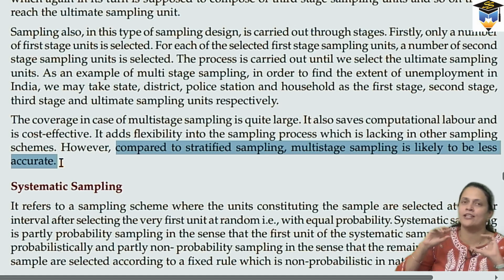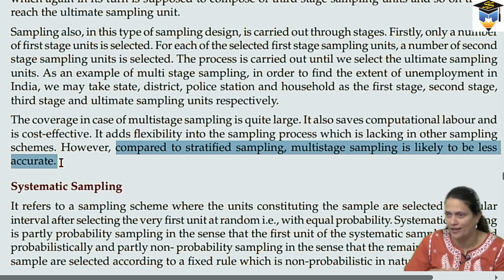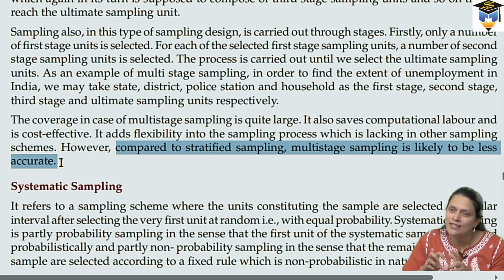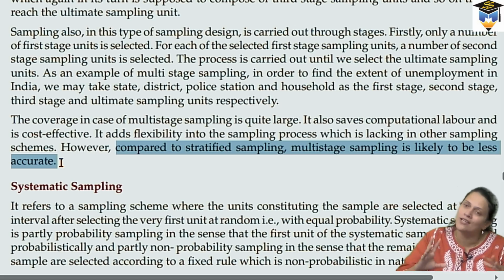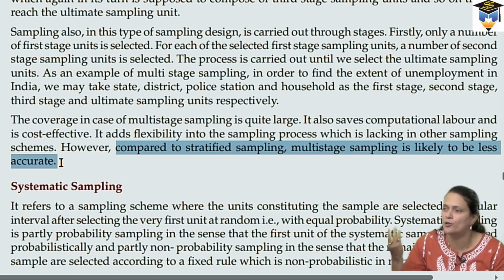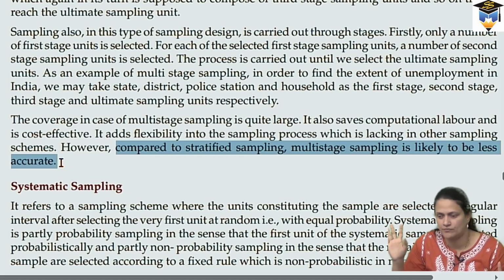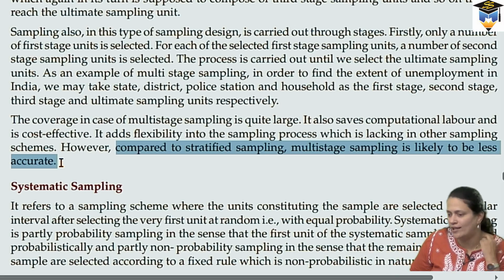I have selected the people who are citizens of India, but some of the citizens may be NRI. So in that case, it is going to be less accurate. Because if I am not going to make that strata different, NRI and Indian citizens, then it will form a problem. There will be error. Understood? So that's why multi-stage is likely to be less accurate.